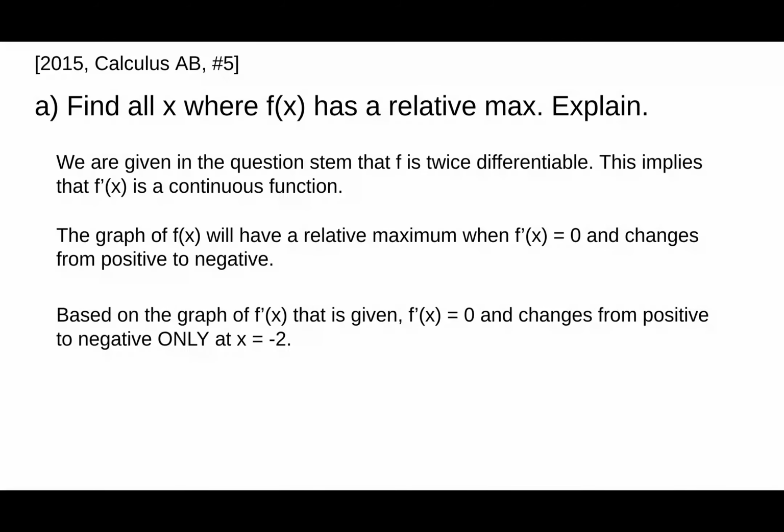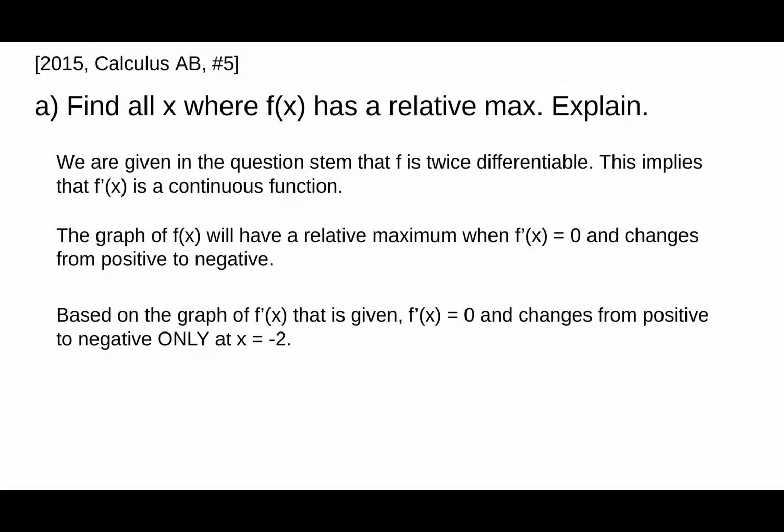Now, because we only know a little bit about f and most of everything we know is about f prime, our justifications and our explanations should refer to the given information, which in this case is the graph of f prime. So our justifications for this need to be based on what we can see and infer about the graph of f prime.